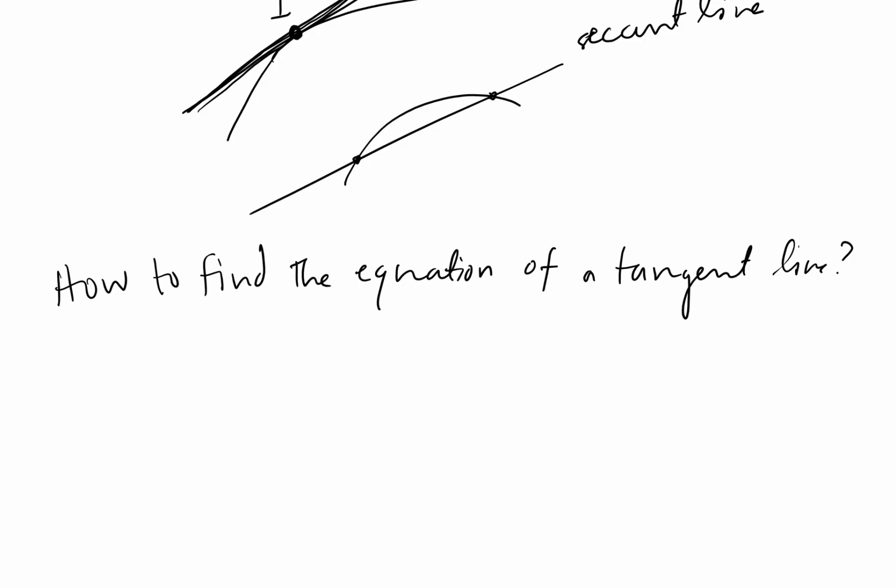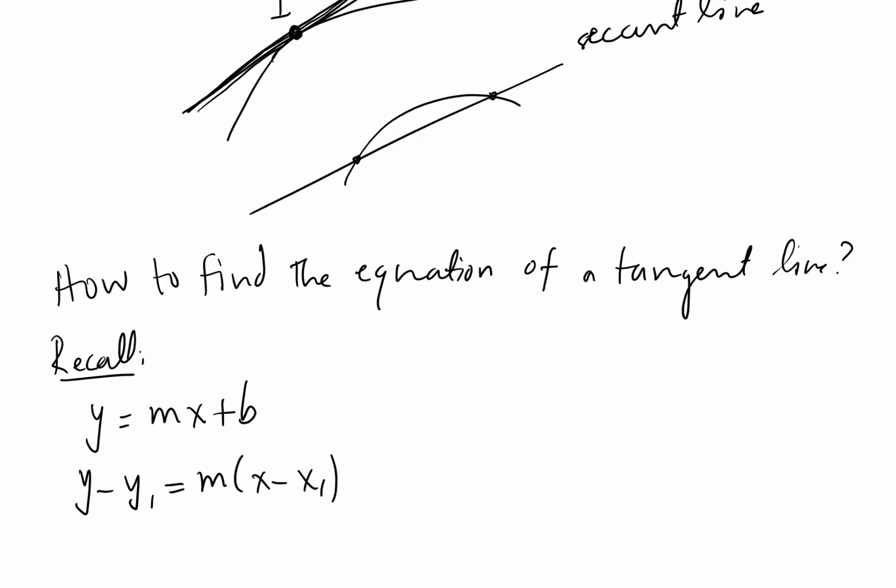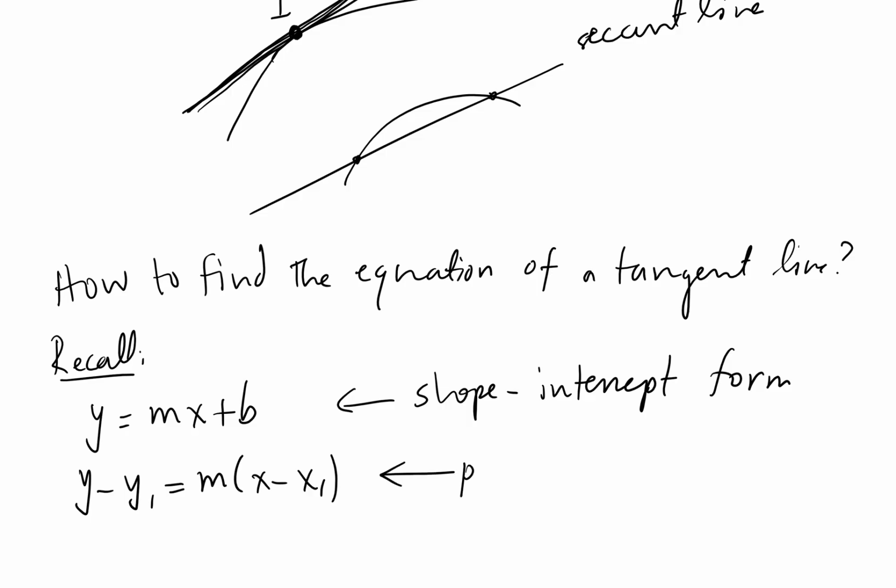To do so, we need to recall some basic concepts from before. When we talk about tangent lines, we mean straight lines. The first one is y equals mx plus b, slope-intercept form, or y minus y1 equals m times x minus x1, point-slope form.